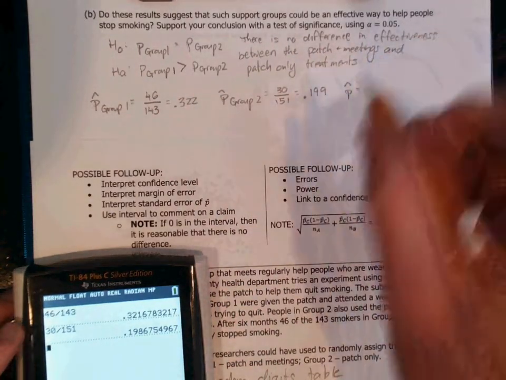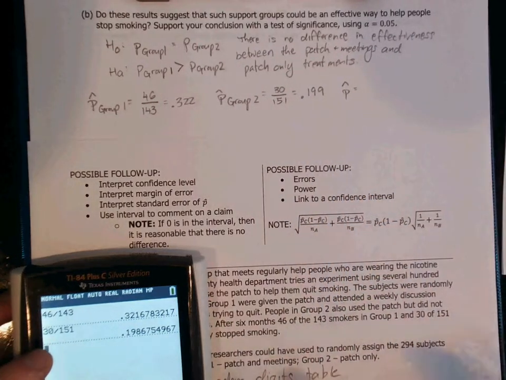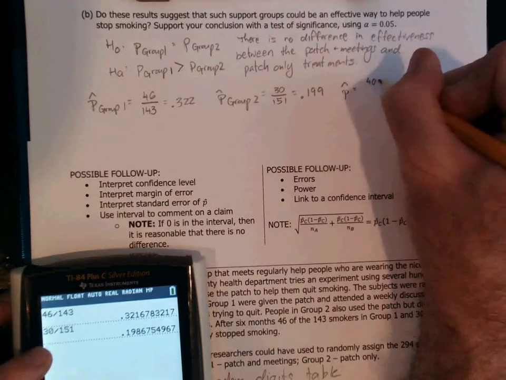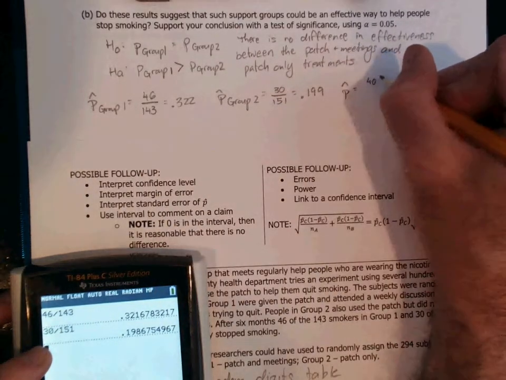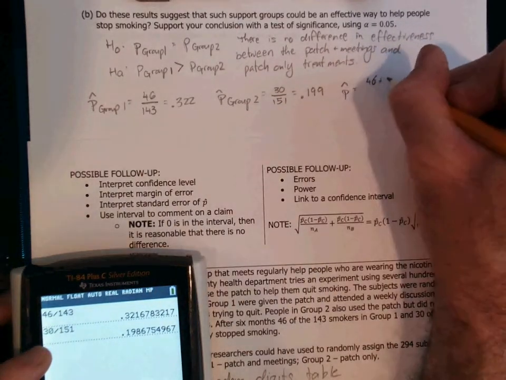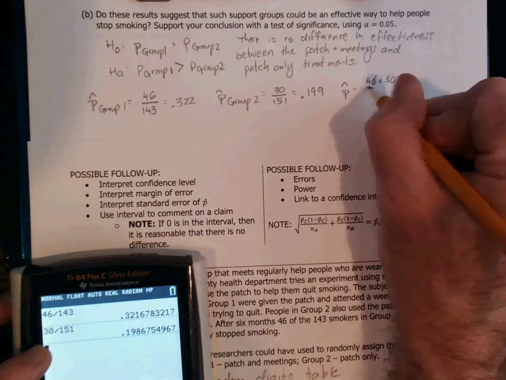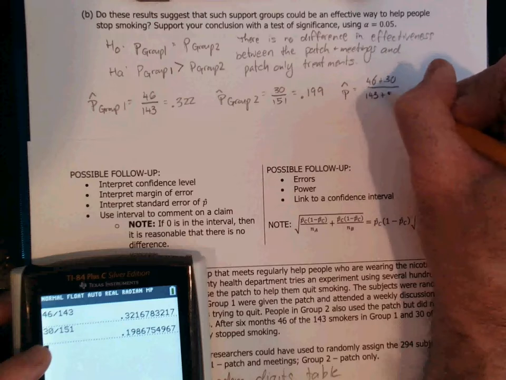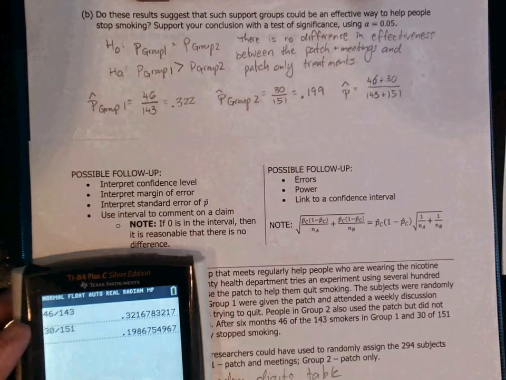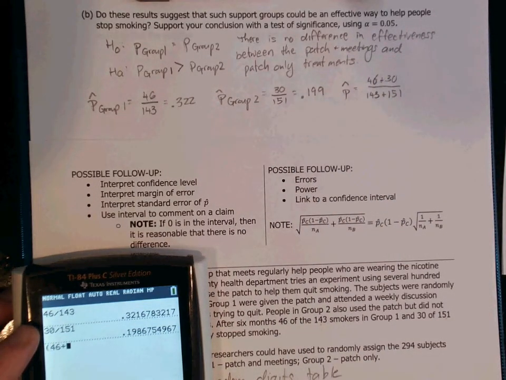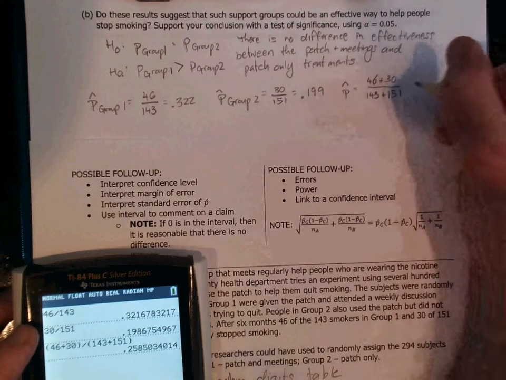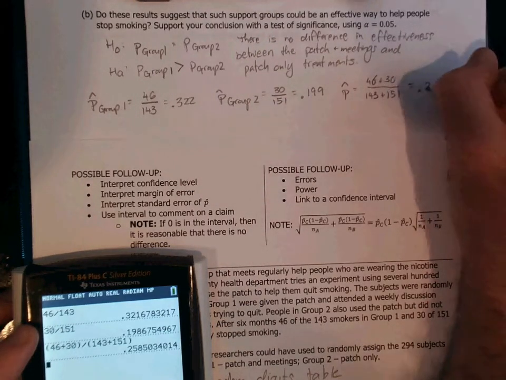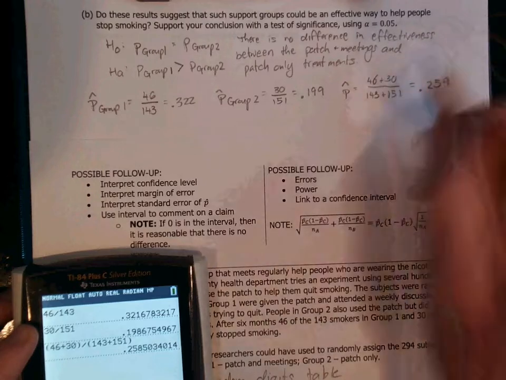To do that, you'll do successes in group 1 plus successes in group 2, that's 46 plus 30, over sample size group 1 plus sample size group 2, 143 plus 151. So this equals 0.259. This one's going to become important because we're going to use it for our checks.